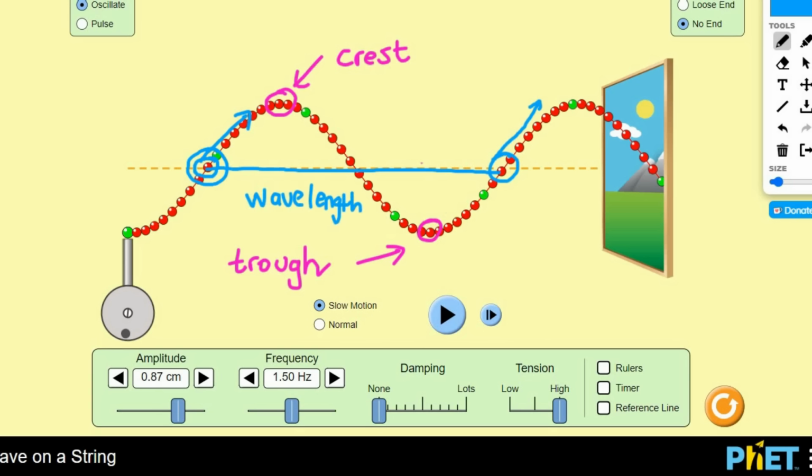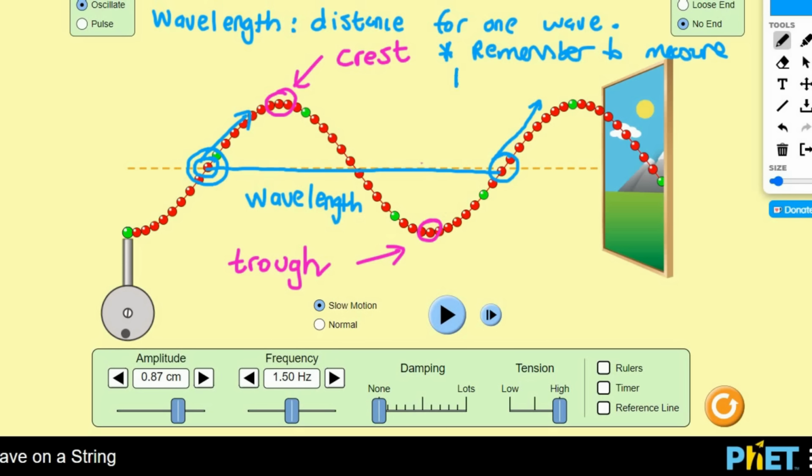It can be between any two parts that are the same. When I say the same, they must be in phase. So to measure the wavelength, it is the distance for one wave. Remember to measure between points that are in phase.